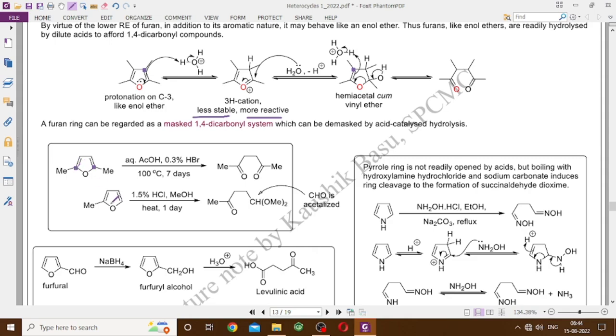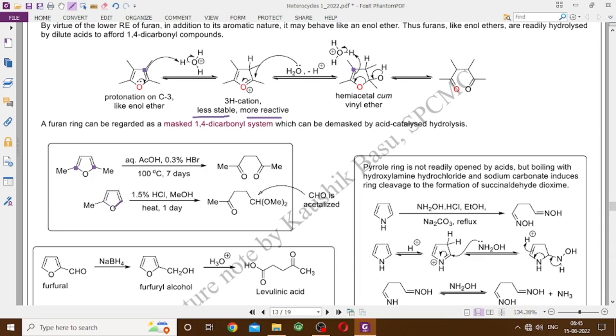2,5-dimethylfuran undergoes acid-catalyzed hydrolysis to give you 2,5-hexanedione. With 2-methylfuran in the presence of 1.5% hydrochloric acid in methanol, it again undergoes acid-catalyzed ring opening, where the furan is behaving as an enol ether. You get a carbonyl here, that's a keto carbonyl.